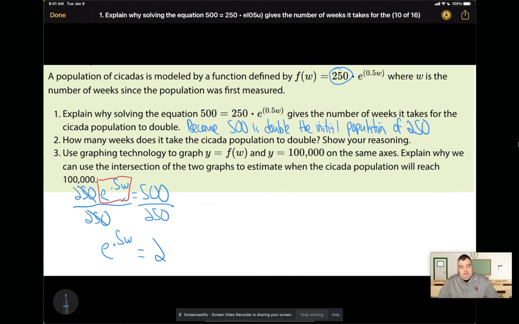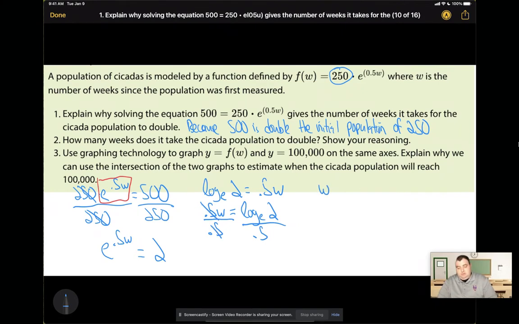Okay. I'm now going to write this in log form. So this will be log base e of 2 equals 0.5w. And then I'll switch around the order again. So 0.5w equals log base e of 2. I'll finish it off by dividing by 0.5.